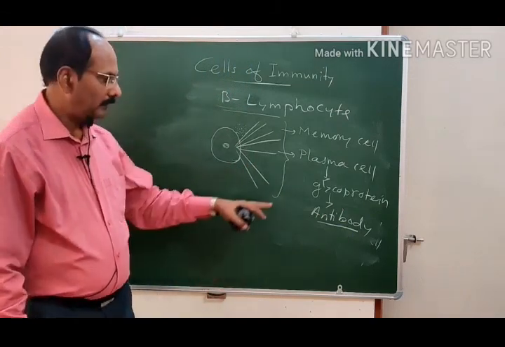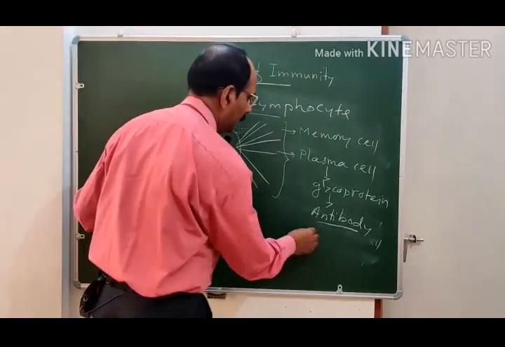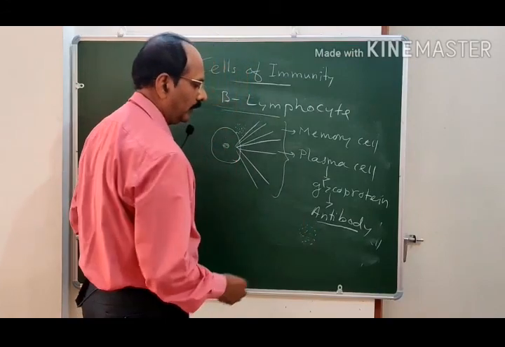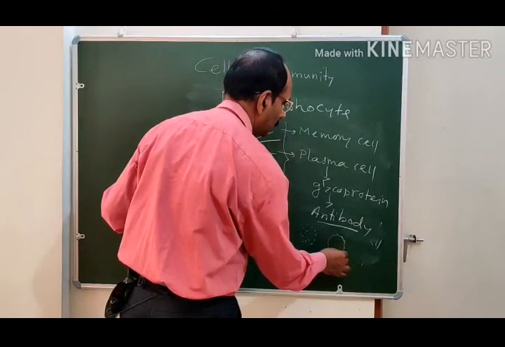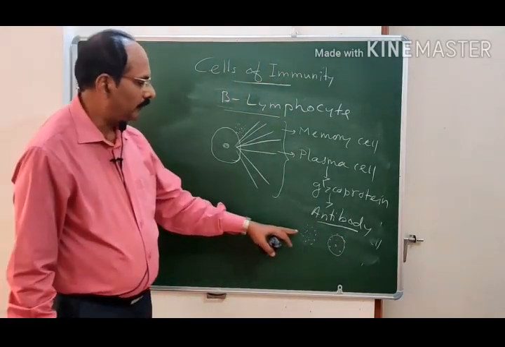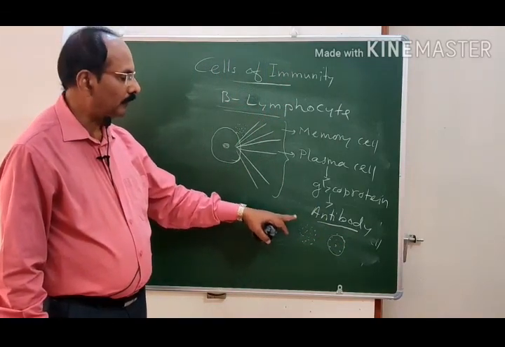the body. And this glycoprotein or antibody is of two types. Some of the antibody is freely present in the body fluid, and some of the antibody attaches on the surface of the cells. The antibody that is freely present in the body fluid performs three functions.